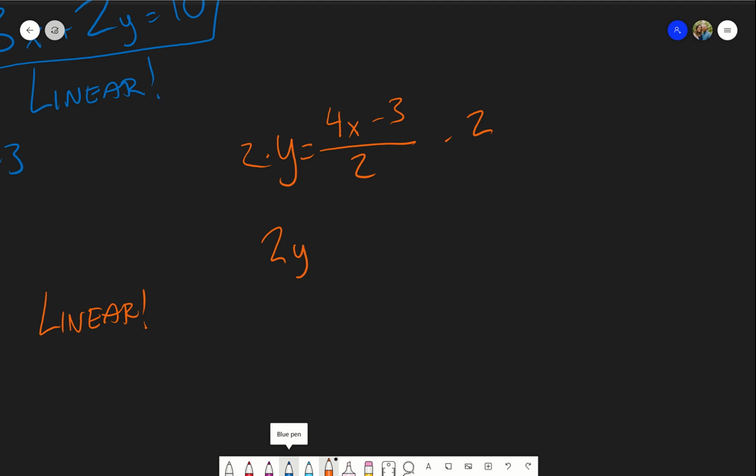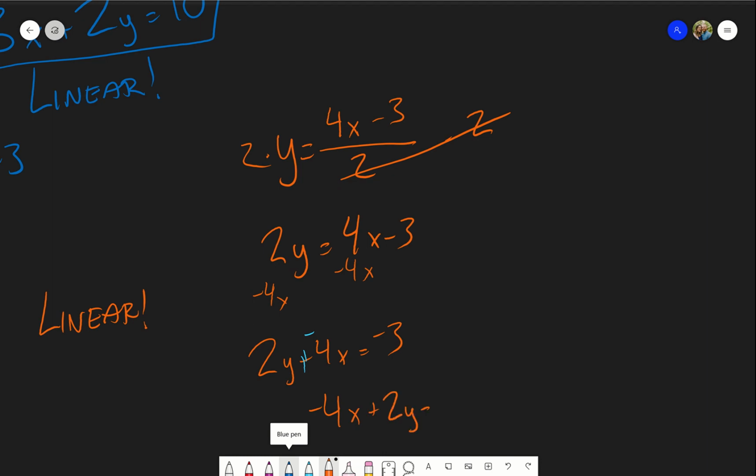That gives me 2y equals 4x minus 3. Going to minus 4x on both sides. This gives me 2y minus 4x equals negative 3. This is the same thing as plus a negative, which means I can do negative 4x plus 2y equals negative 3. This works. Ax plus by equals c.